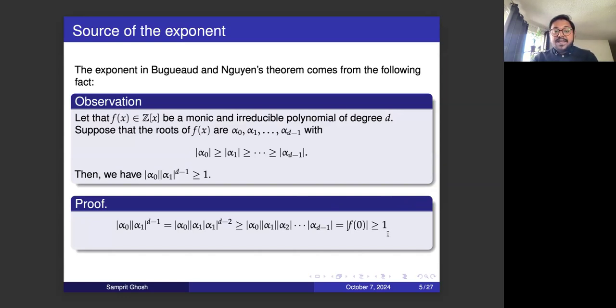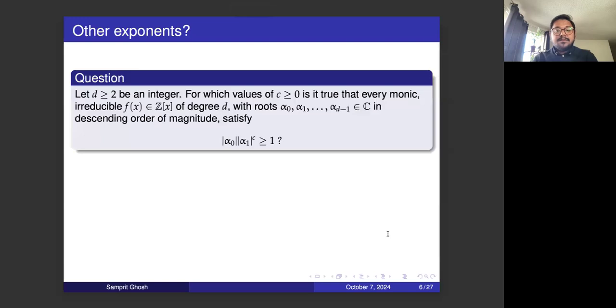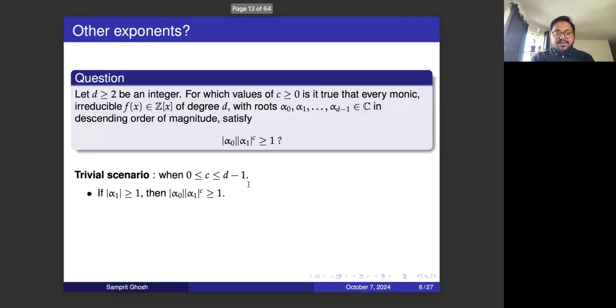So of course, we can ask then, can we do anything else? Can d minus 1 be replaced with any other non-negative c such that this condition holds? Here is a trivial scenario. It's true for any c between 0 and d minus 1. Why?